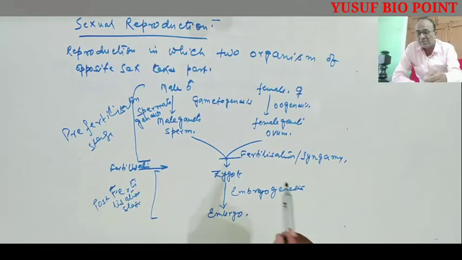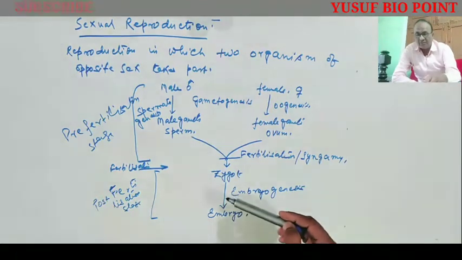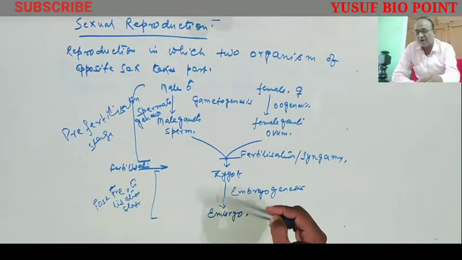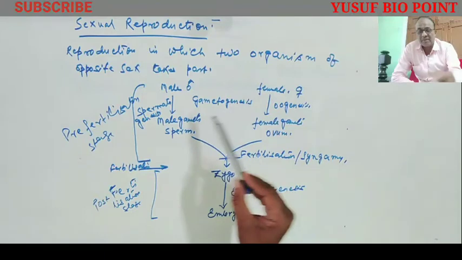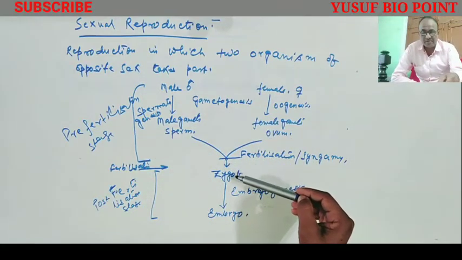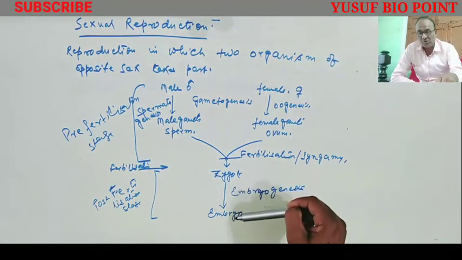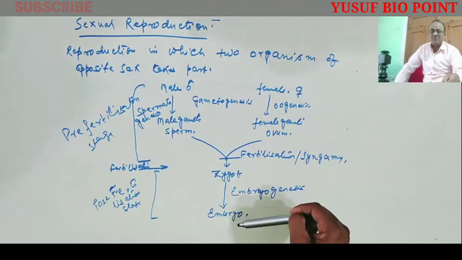So we see that in the development of the embryo, first the gametes are formed, then opposite gametes unite and form the zygote, and after certain changes the zygote changes into the embryo. In this way the development of the embryo takes place.